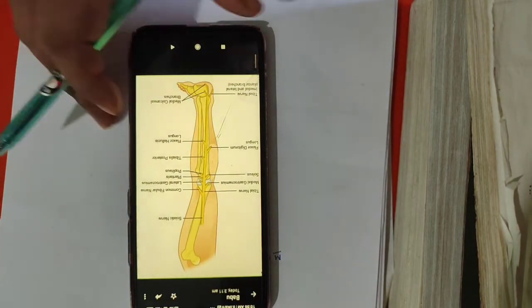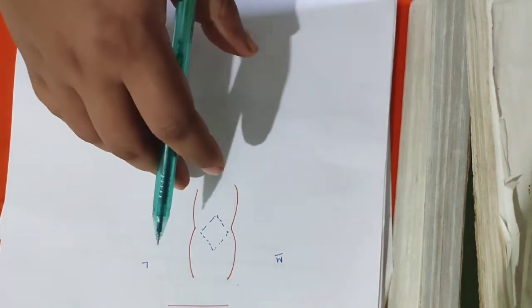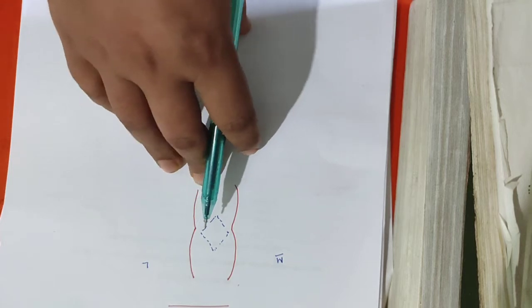So first one, next picture. So first one, the tibial nerve.